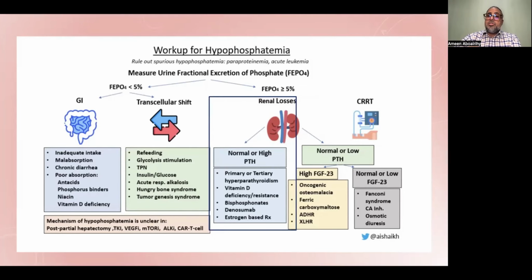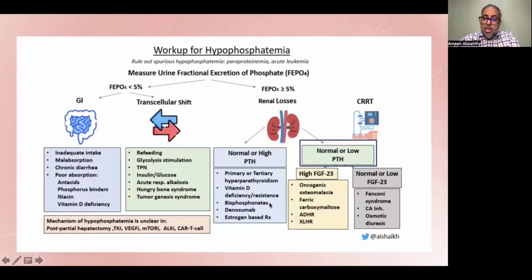And if it is more than 5% fractional excretion, it means the kidney is the culprit. You need to know the reason for that. Is the PTH high? Are you using bisphosphonates, denosumab? Even estrogen could cause this. High PTH.